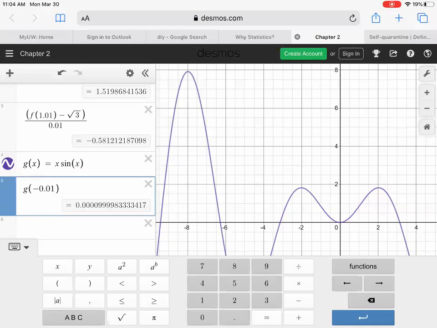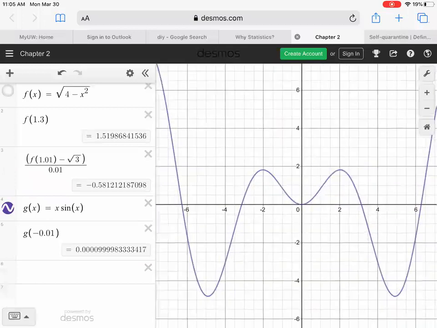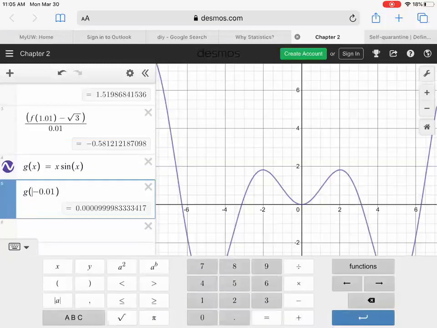And this function is a symmetrical function, which means if you flip the right side over the y-axis, you get the left side of the function. That means if you get rid of this negative here, you will get the same as the positive values.